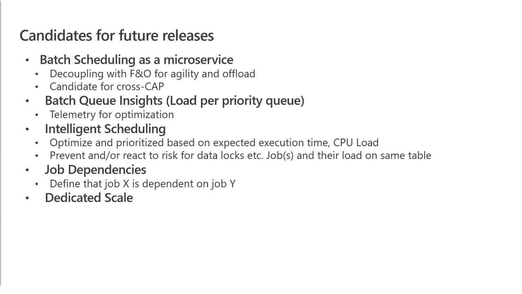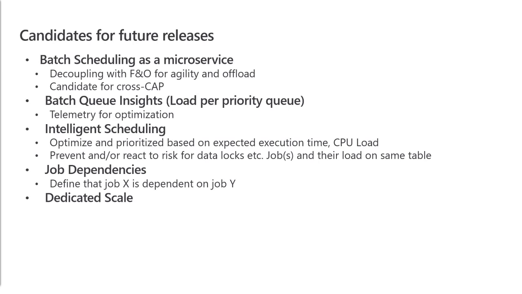The next feature that is in place is the batch queue insights. This will introduce a new insights form in the FinOps web client that would display a snapshot of the sizes of each of the batch scheduling priority queues at any given point. This will allow customers to get visibility over their batch schedules so that they're aware of the system health and the processing times of the batch load.